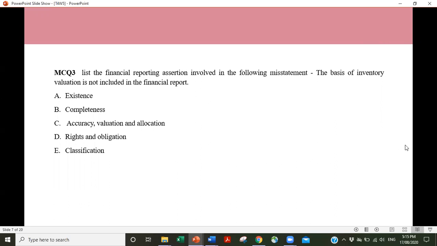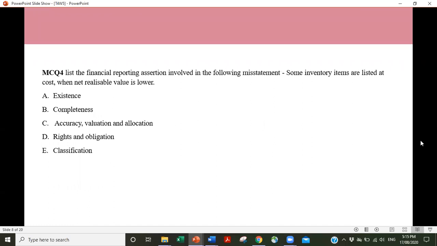Next one. Some inventory items are listed at cost when they actually should be listed at net realisable value, because net realisable value is lower. And remember from AASB 102, it requires the lower of cost or net realisable value. The point here is that all of these have more than one assertion when you gather your audit evidence in your audit procedure.